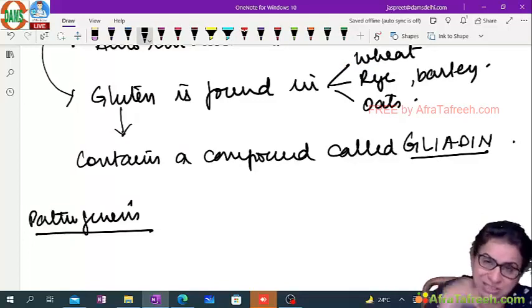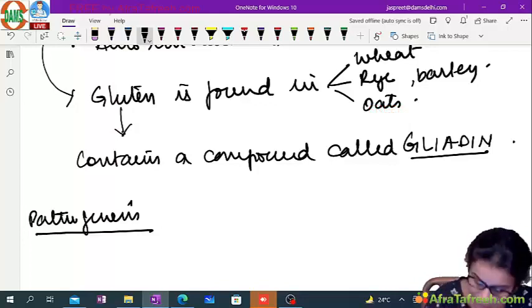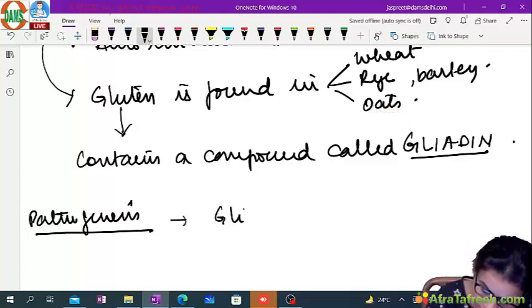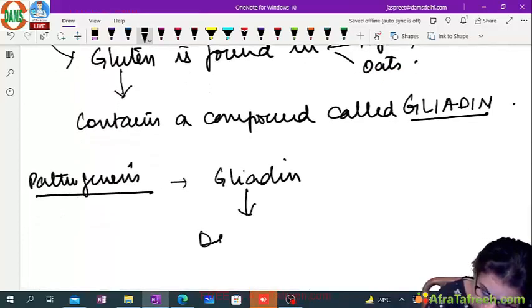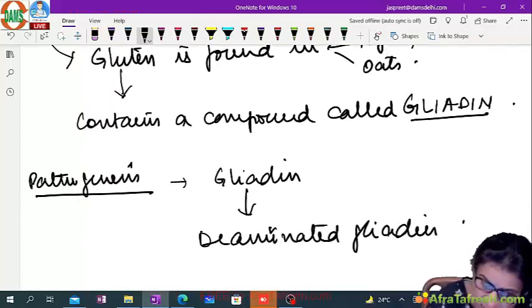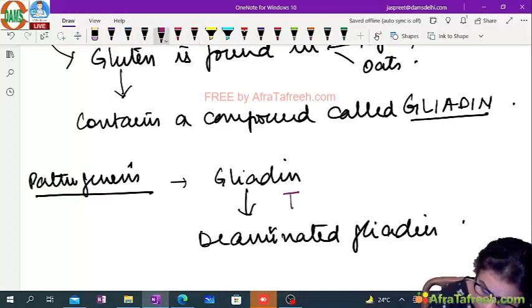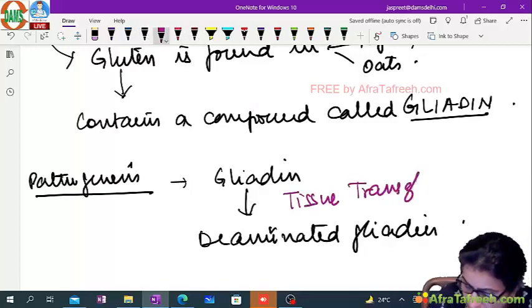And normally, when this gliadin enters our intestine, it is broken down into deaminated gliadin and is metabolized. It is broken down into deaminated gliadin by an enzyme called tissue transglutaminase.